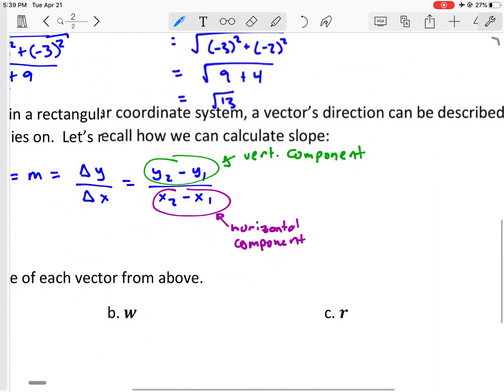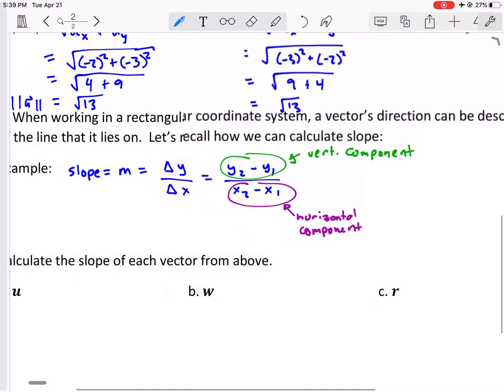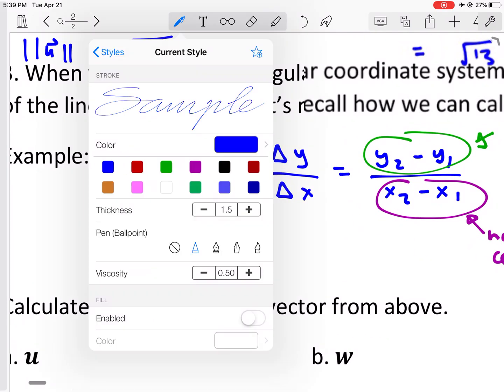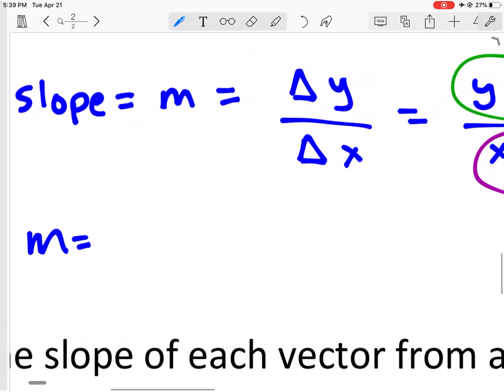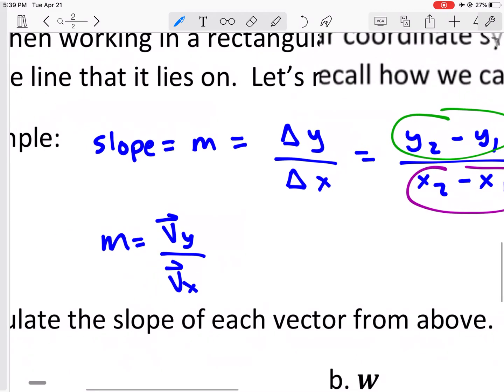So for a vector, all we really have to do to find the slope is take the vertical component and divide it by the horizontal component.